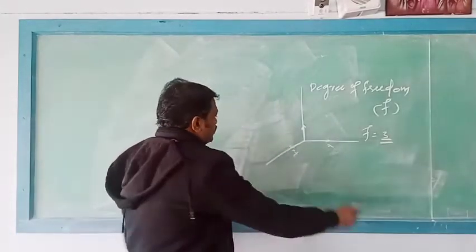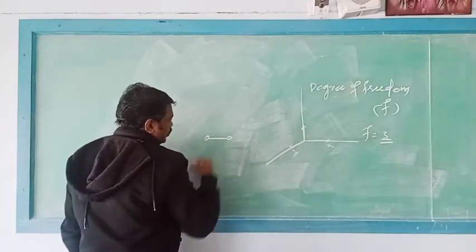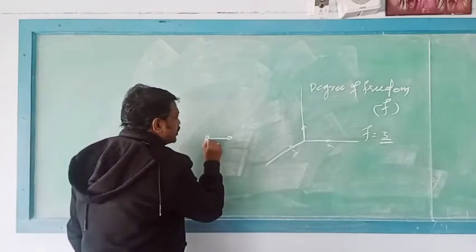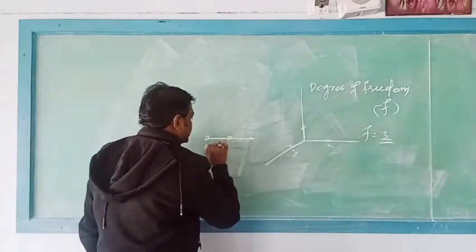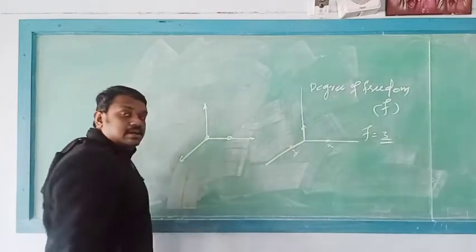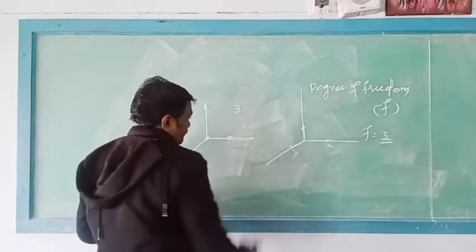Suppose you have a diatomic molecule. As a whole it can move along the x direction, along the y direction, and along the z direction. That means it already has 3 degrees of freedom.